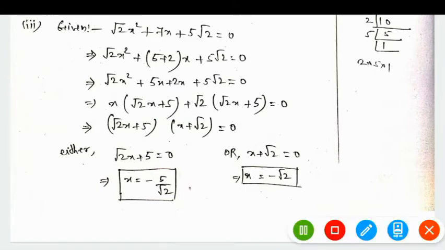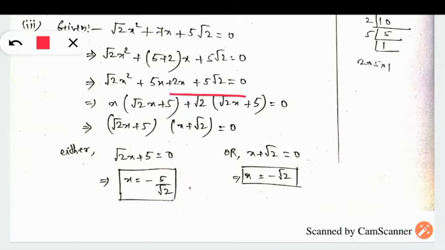Now from 2x plus 5 root 2, what is common? Now tell me. 2x plus 5 root 2. What is common? So let me tell you, here we have 2. 2 means root 2 into root 2, or root 2 square. So root 2 is common.